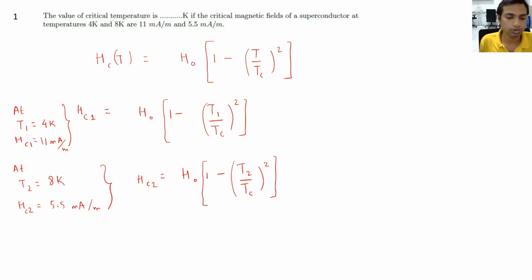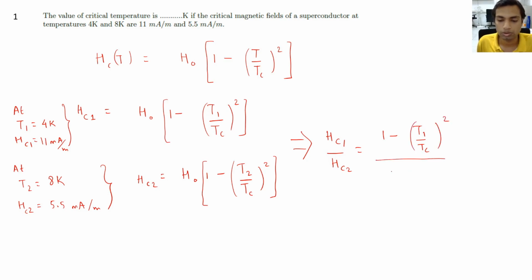Then we know Hc1, T1, Hc2, T2, so we just have to divide both of these. From here what we obtain is Hc1 by Hc2 is equal to 1 minus T1 by Tc whole square over 1 minus T2 by Tc whole square. Now you just have to put the values and rearrange.